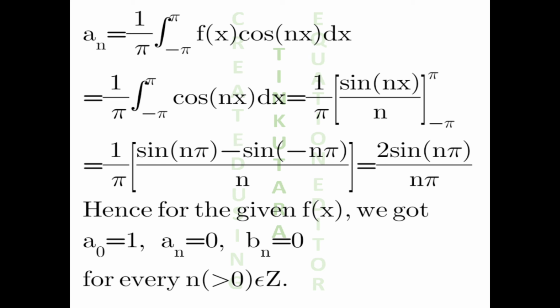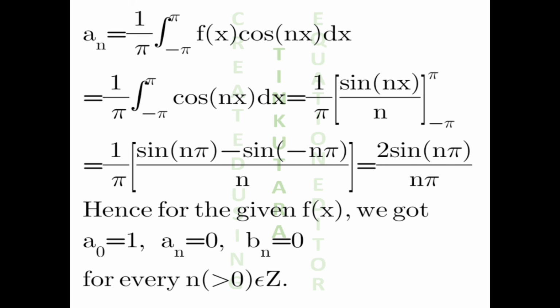f(x) is equal to 1 in this interval minus pi to plus pi, so it is again equal to 1 by pi integration from minus pi to plus pi cos nx dx, and its value is 2 sin n pi divided by n pi. You may note that sin of minus theta is equal to minus sin theta.